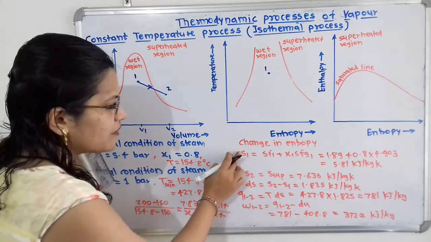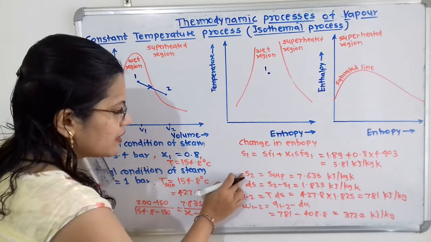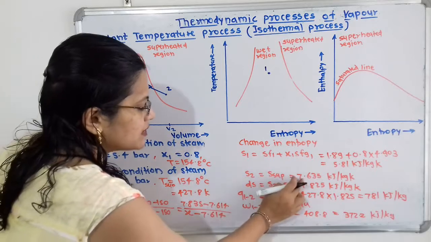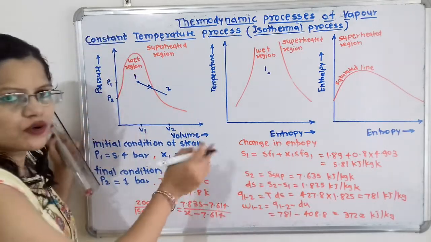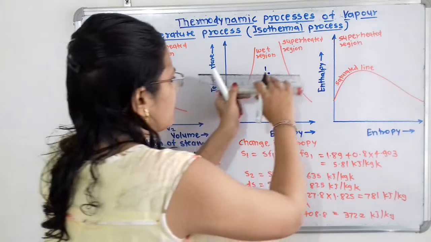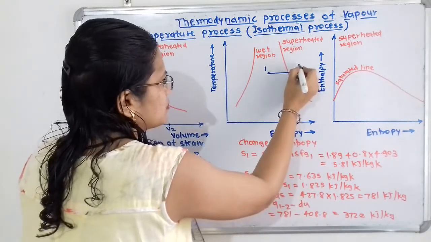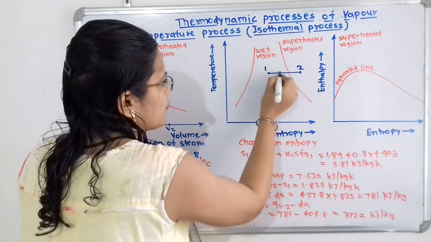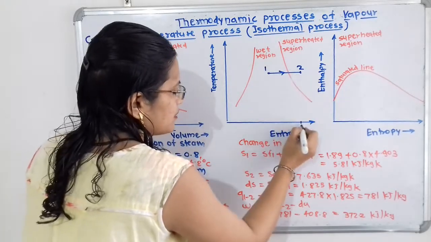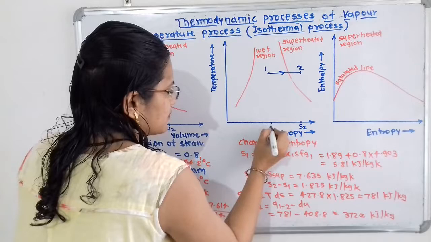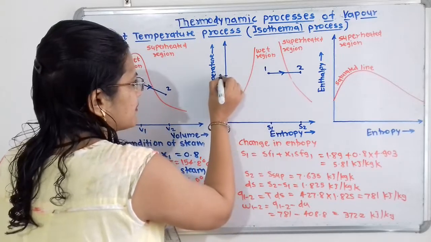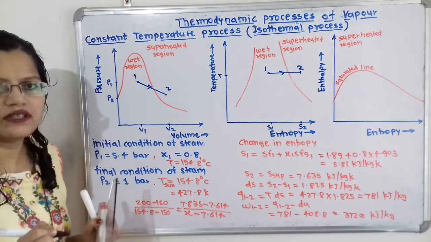If we compare the values of entropy S1 and S2, then entropy S2 is greater than S1, so entropy is increasing. So we show here that the temperature remains constant. Point 2 will be in the superheated region. We have to show an arrow. So here is S2 and here is S1, and this temperature T remains constant throughout the process.